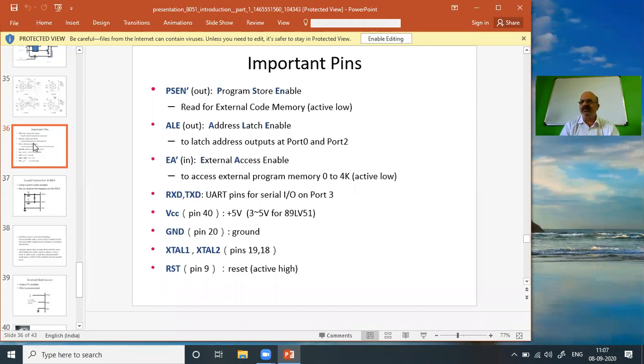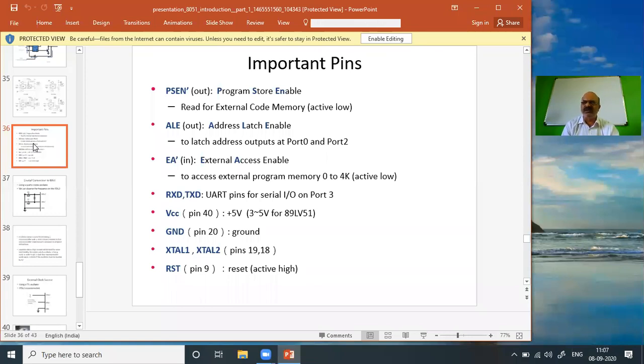So naturally, this address is outside the microcontroller, because inside the microcontroller, the addresses are 0000 up to 0FFF, that is 4 kilobytes. Above 4 kilobytes, it means that you are accessing external memory.